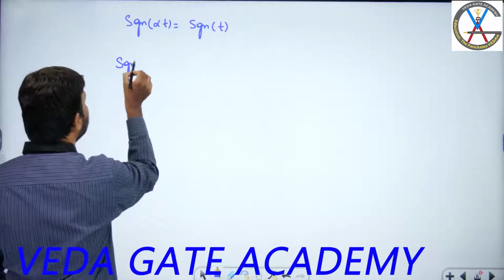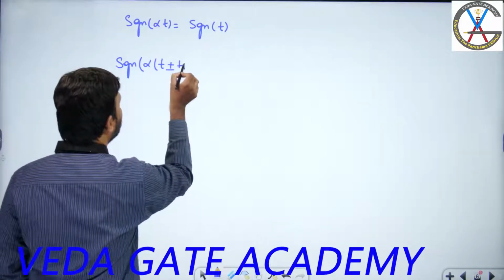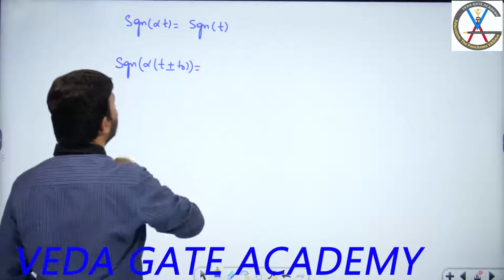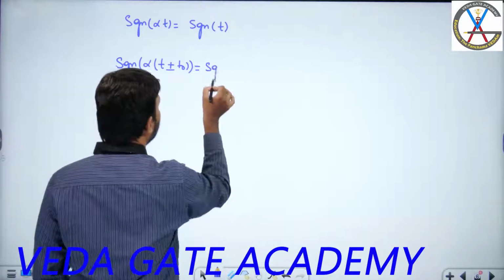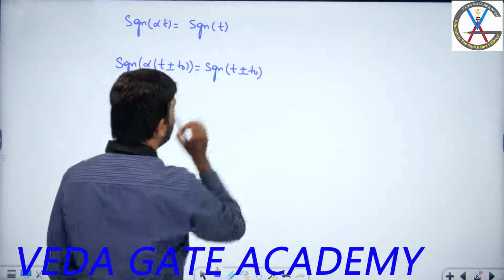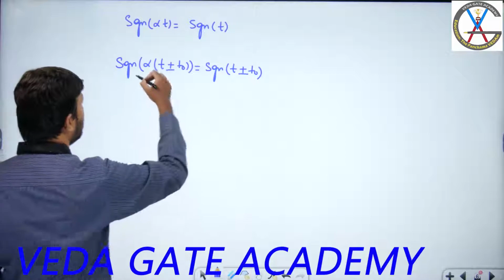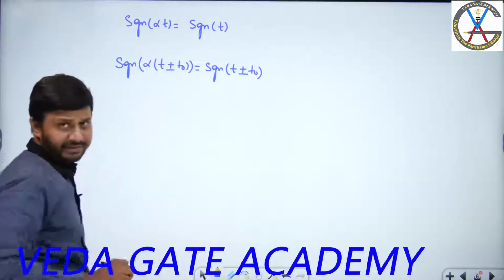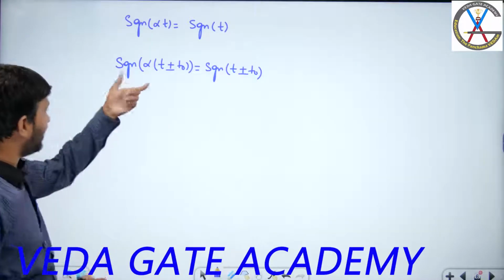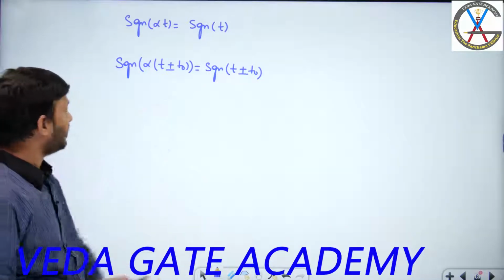On the right hand side also, replace t with t plus or minus t naught. Now, here if you observe, this alpha has no significance. If you have a signum function of this kind, this alpha is having no significance.